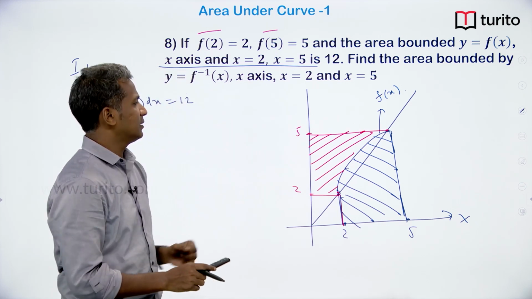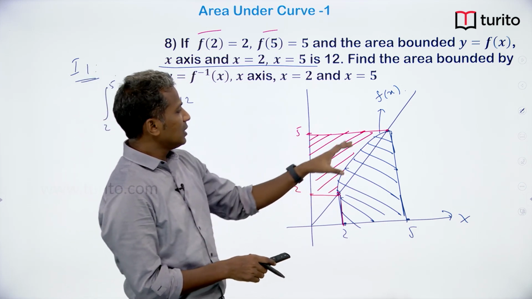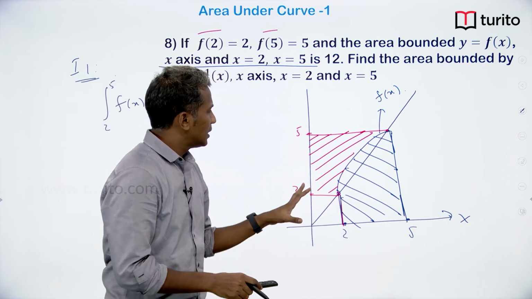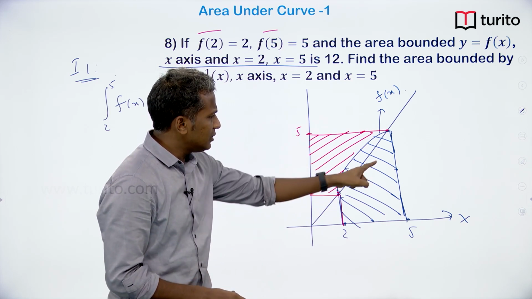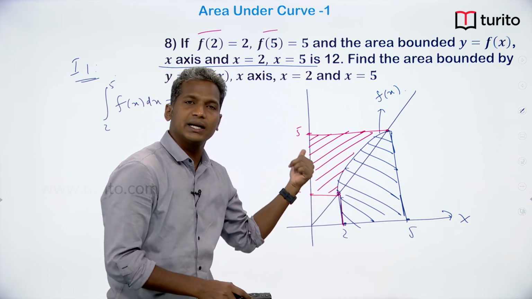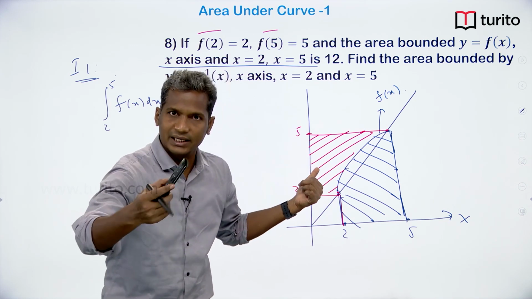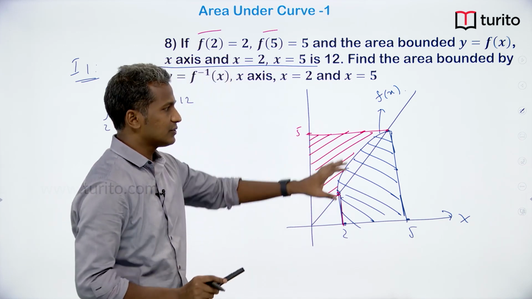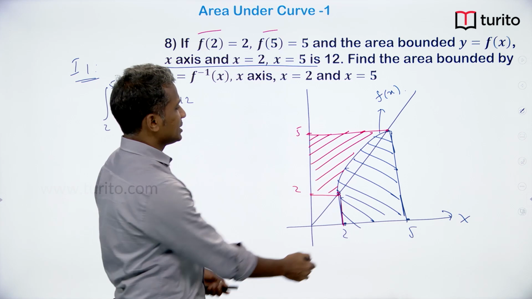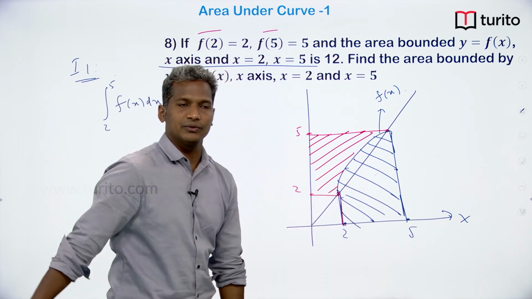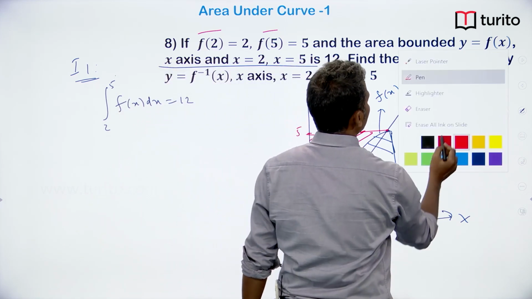Now, again, looking at this diagram, we can understand that using this blue area only we can directly calculate the red area. Of course, we can calculate that because this area is already given as 12 units. So, how do we do it?